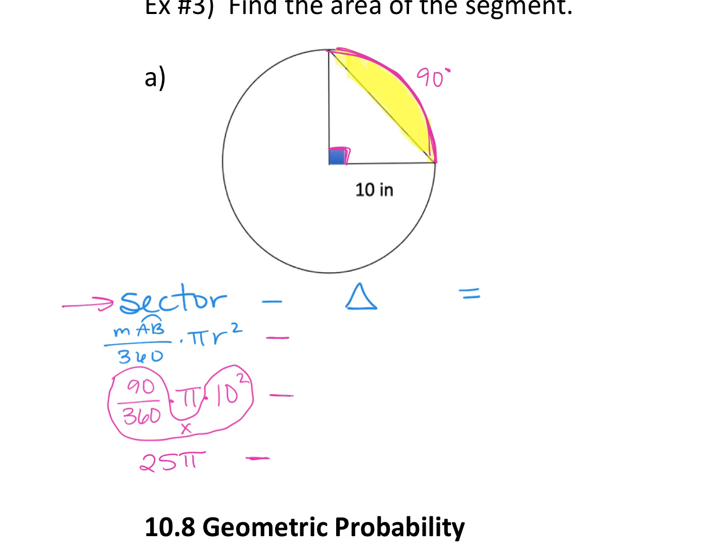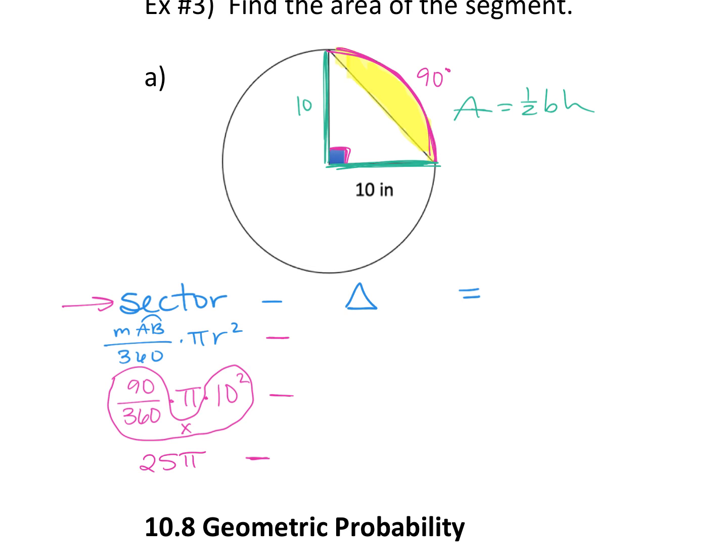If you want one formula that will always work, it's 1/2 bc sine A. However you want to find the area of a triangle, this one's a little easier because in this triangle, if you do area equals 1/2 base times height, what are your base and your height? 10. The height is? 10. It's a radius, right? The radii are the same.